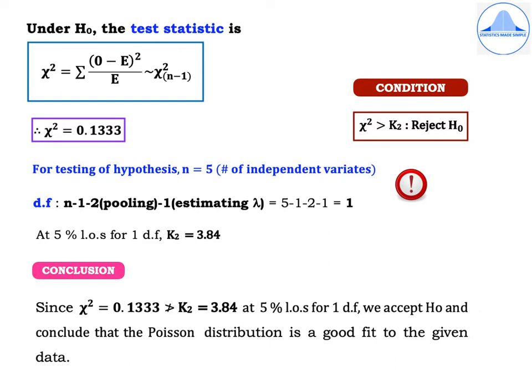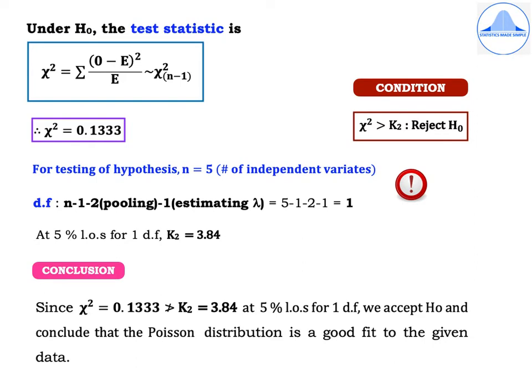Now for testing of hypothesis, we require n for the degrees of freedom, and in this problem n is equal to 5, that is the number of independent variates. This is a very important step. Now the degrees of freedom is actually n minus 1, and because we have pooled twice, we have to reduce 2, and because we have estimated the parameter lambda, we have to reduce the degrees of freedom by 1.